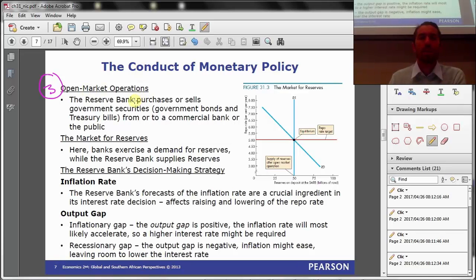But just as a recap, if the Reserve Bank wants to increase money supply and wants to use open market operations to do that, the way it does it is to purchase bonds from the market. When it purchases bonds from the market, it pays for those bonds with cash.